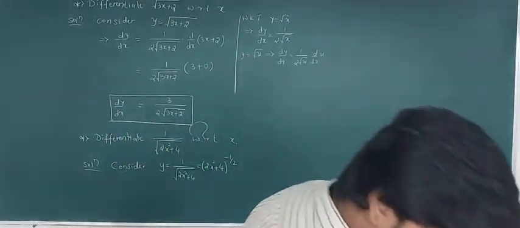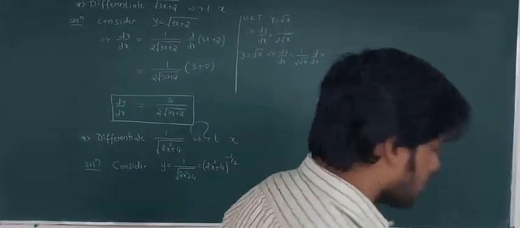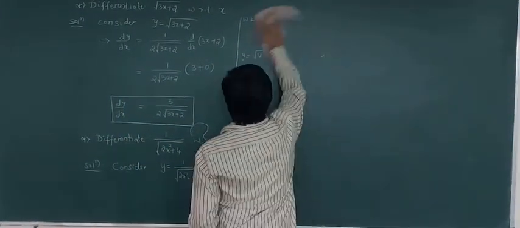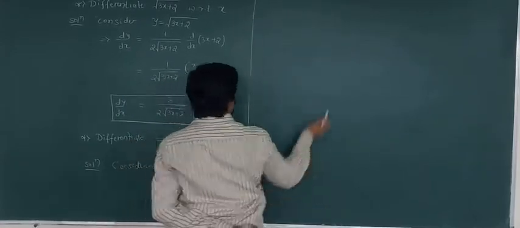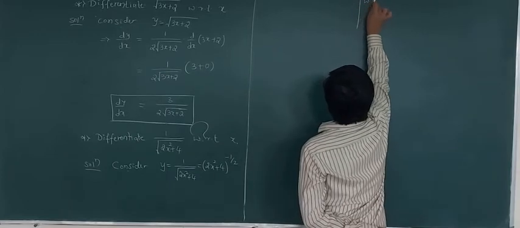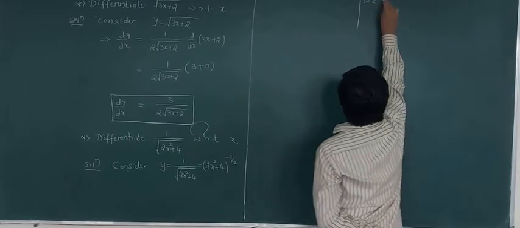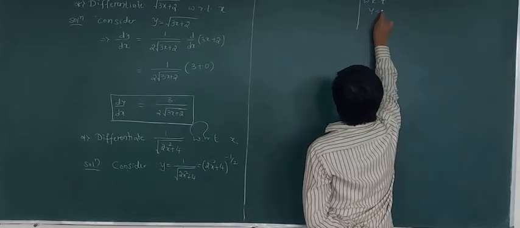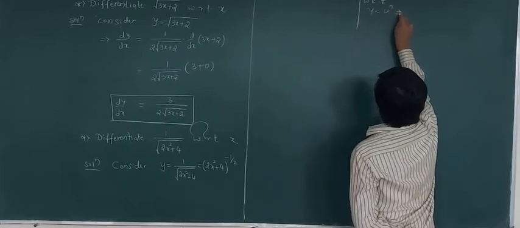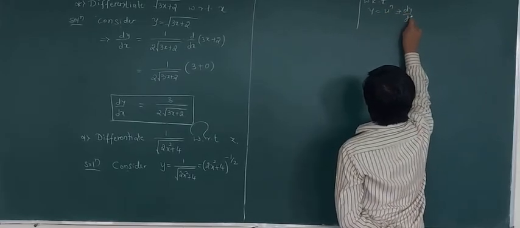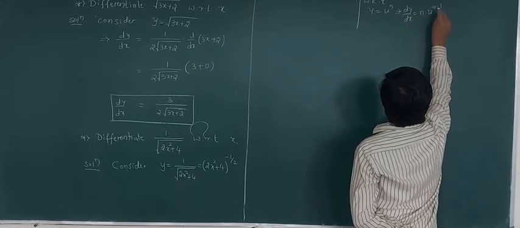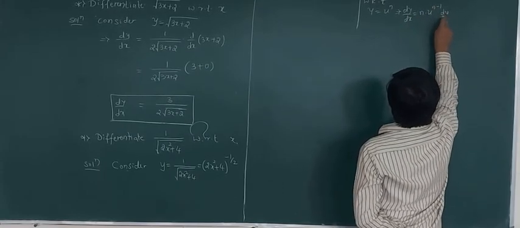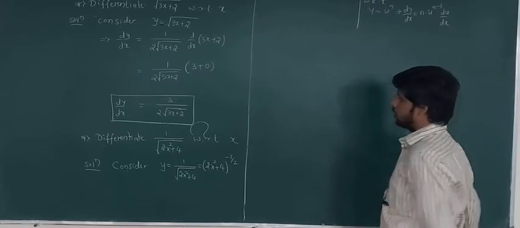Next, here we know that if y equal to u to the power n, then the derivative of this function, dy by dx, is equal to n into u to the power n minus 1 into du by dx.